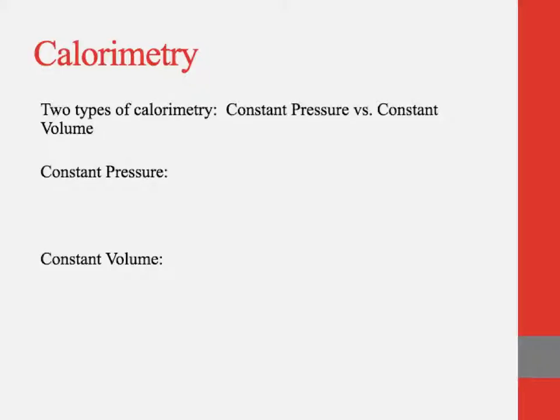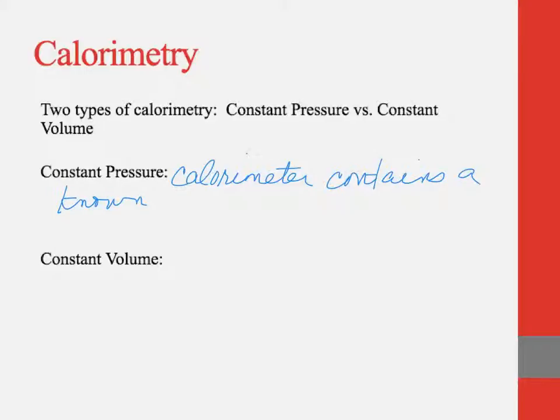In constant pressure, the calorimeter contains a known volume, a solution, and heat lost or gain is prevented by the actual environment of the calorimeter.